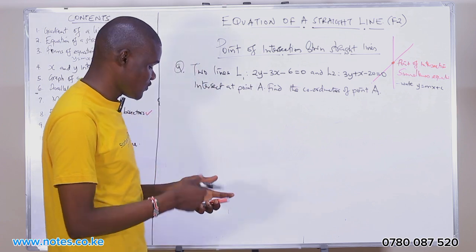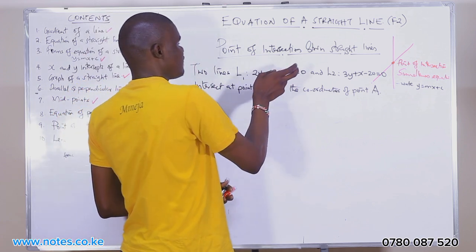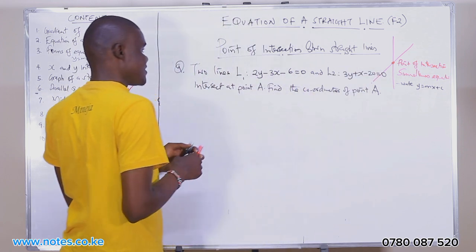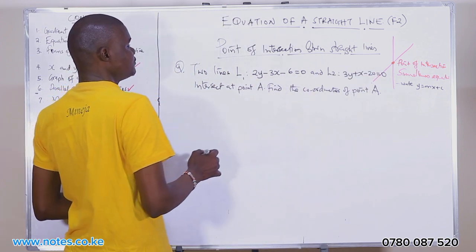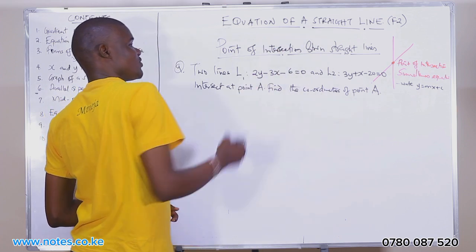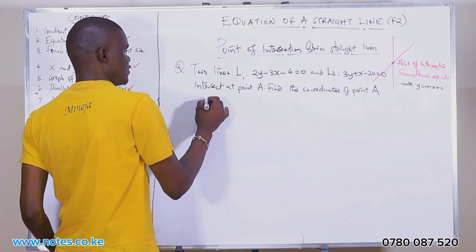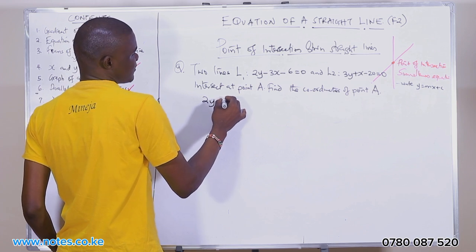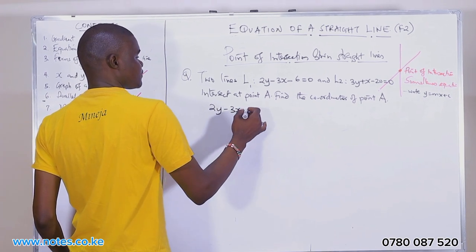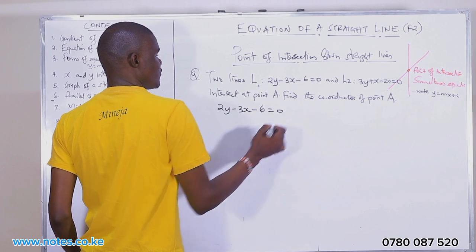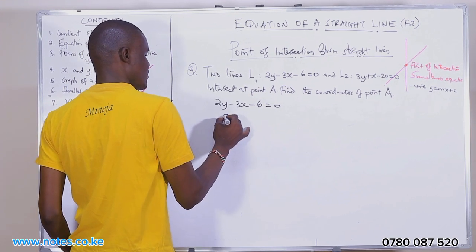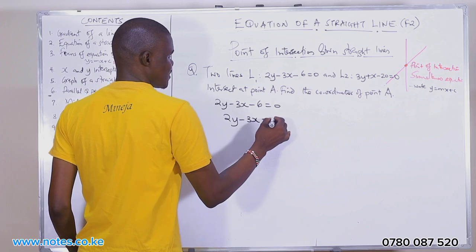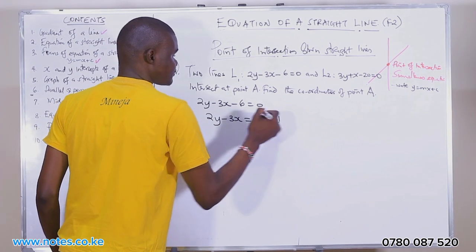So we have two equations, the first one for the first line, and the other one for the second line. The procedure is simple, as I had said. Form the two simultaneous equations. For the first, you have 2y minus 3x minus 6 is equal to 0, so we form the equation 2y minus 3x is equal to 6. This is equation 1.